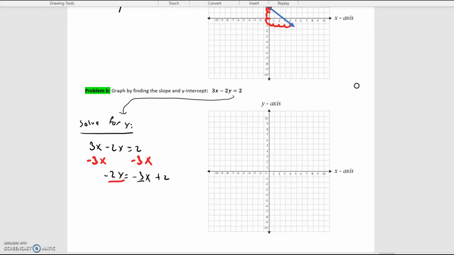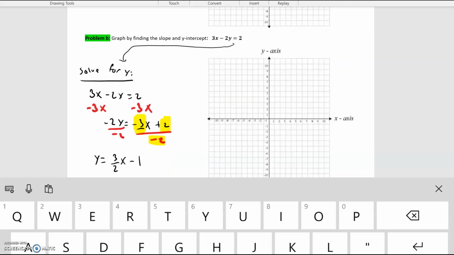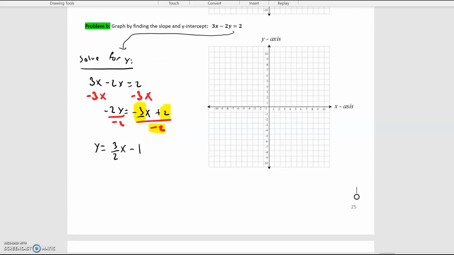And then we'll divide by negative 2. So we end up with y is equal to 3/2 of x minus 1. Remember that you're dividing both of these by the negative 2. So the negative 3 will become a positive, and the plus 2 will become a negative 1 after the division.